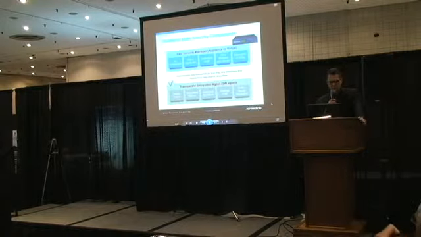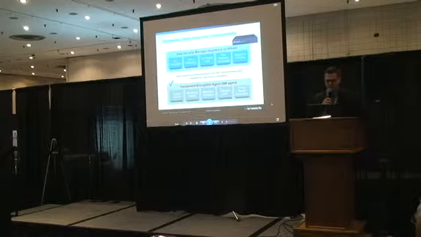So there's basically two components of our overall solution. One is a data security manager. It basically is the brains of our overall solution. It controls the key management, access control policies, as well as logging for the access control around our transparent encryption agent.